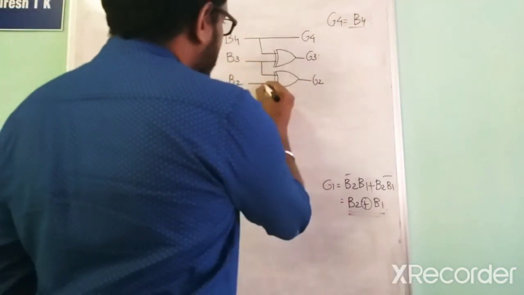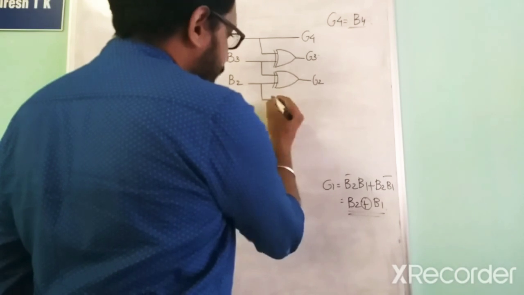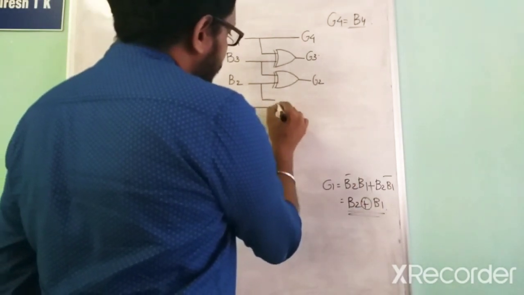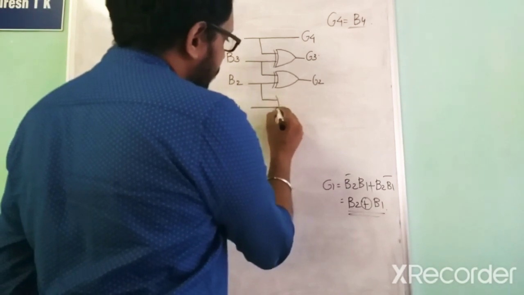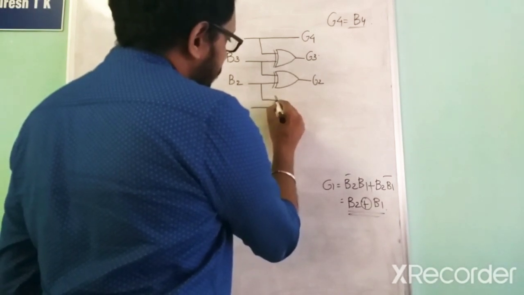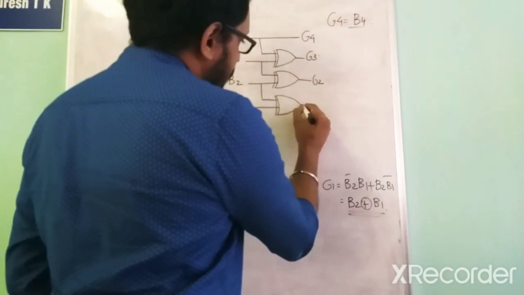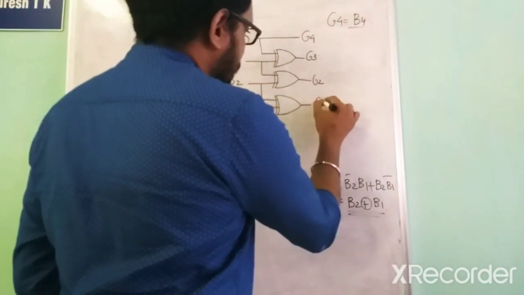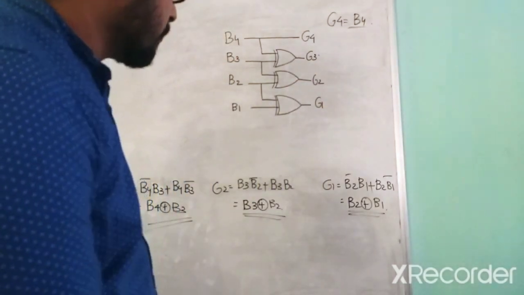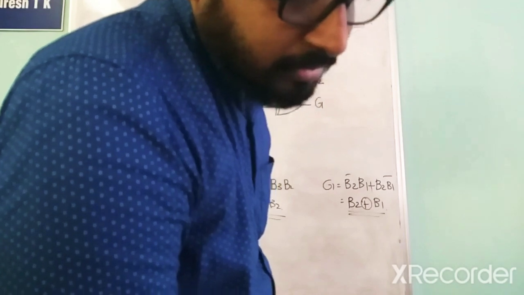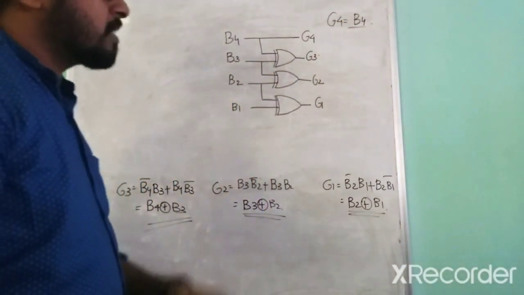G1 is B2 XOR B1. So we write here as B1, G1. Let me check. Yes. This is the design.